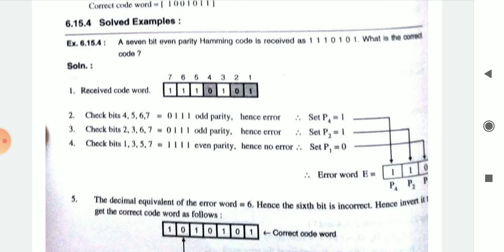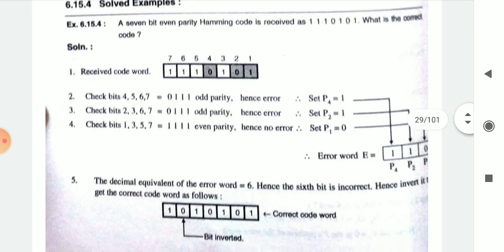Check bits 2 3 6 7, that is 0 1 1 1, hence error. Set p2 is equal to 1 and check bits 1 3 5 7, odd parity.